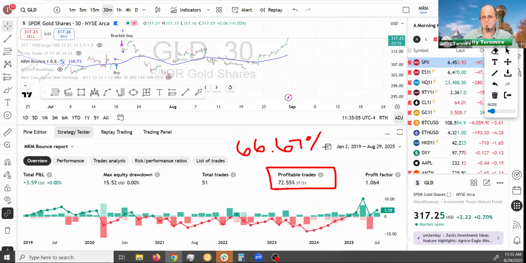You're going to win two-thirds of the time. Once you get above that threshold, that's higher probability. This trade right here, this is my price pattern that I turned on right here. This is high probability.